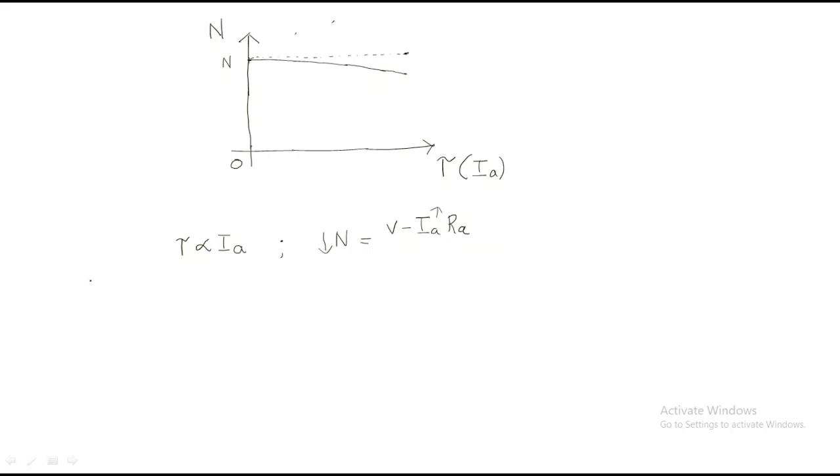Due to the armature reaction, if you consider it, the characteristic curve is like this. It is the armature drop, that means IA RA. If you do not consider the armature reaction, the characteristic goes only up to this point. If we consider the armature reaction, there will be a further drop.